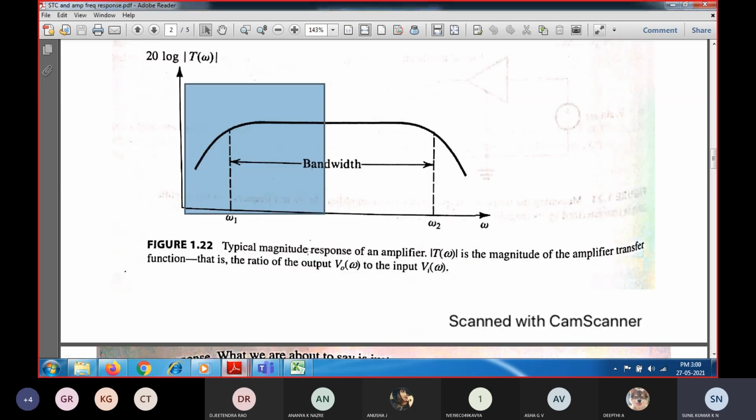So whenever the frequency of the signal is equal to omega 1, that is f1, you can see the gain is going to be equal to half power. And when you increase the frequency still further, the gain is going to increase and it is going to become constant. After that, if you still increase the frequency of the signal, the gain remains constant.